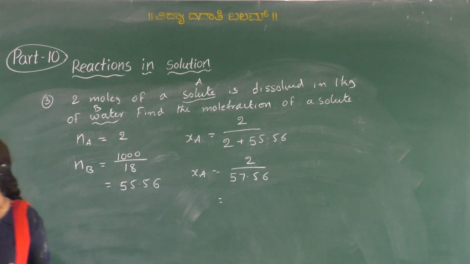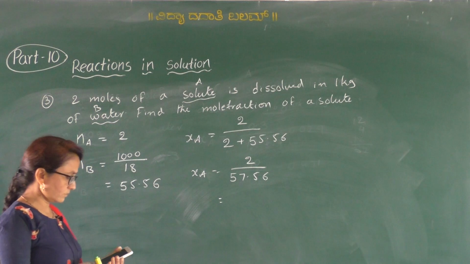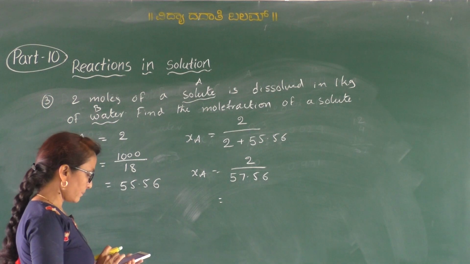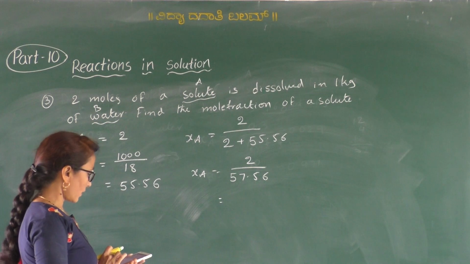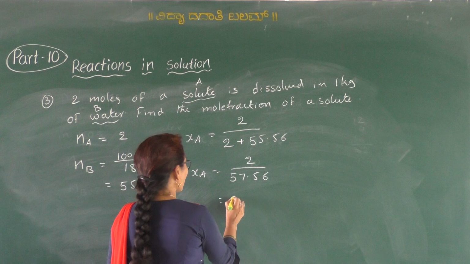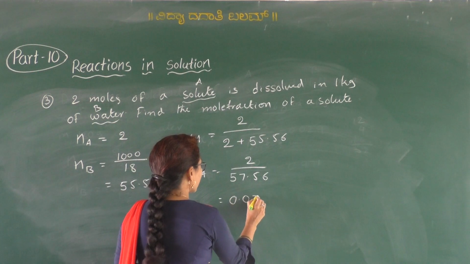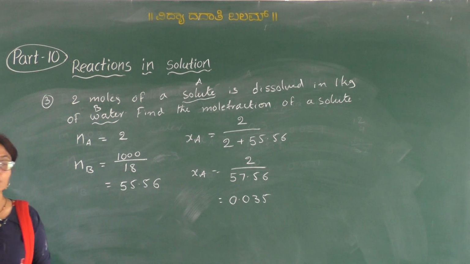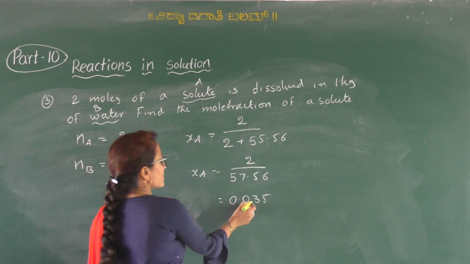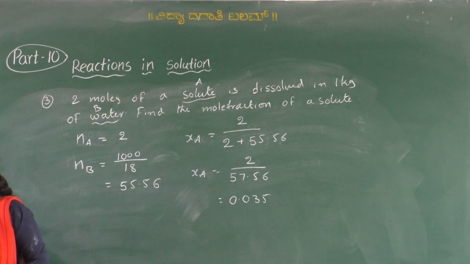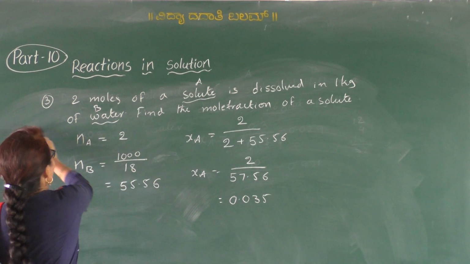So the mole fraction is equal to 2 divided by 57.56, that is equal to 0.035. Therefore the mole fraction of a solute is equal to 0.035. Clear? Okay.